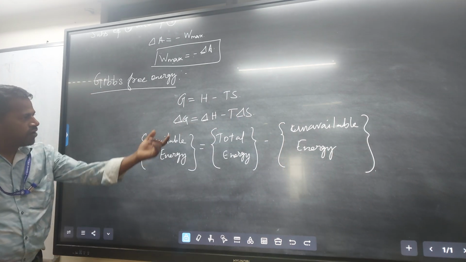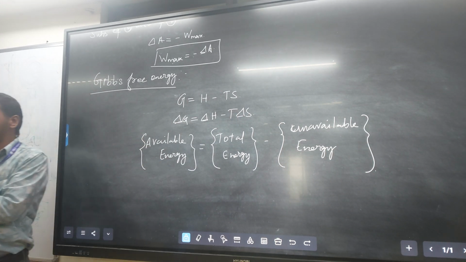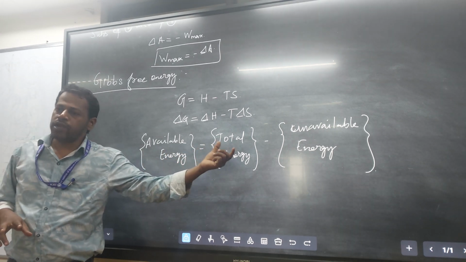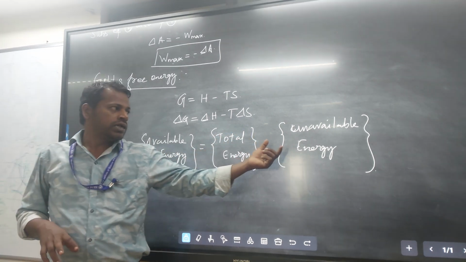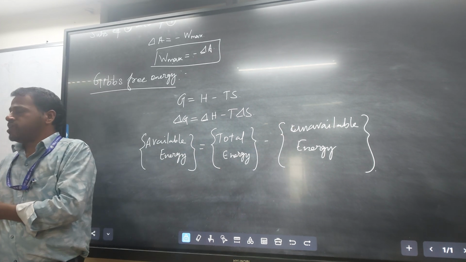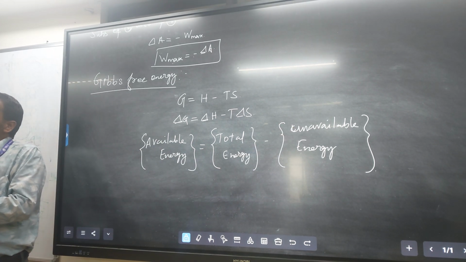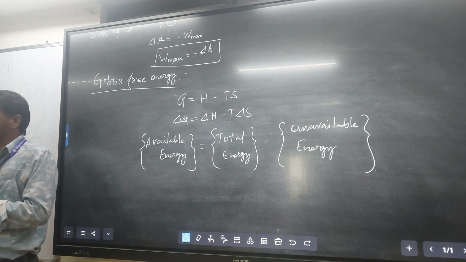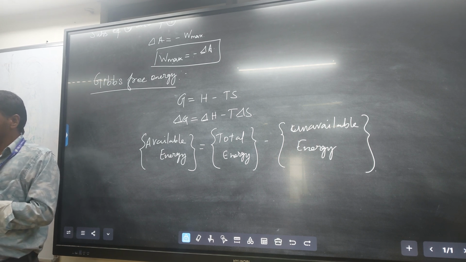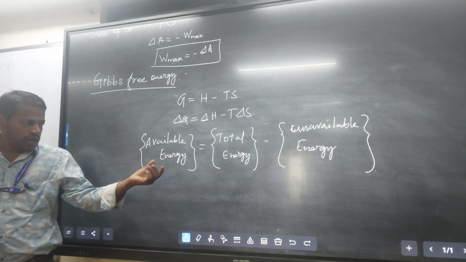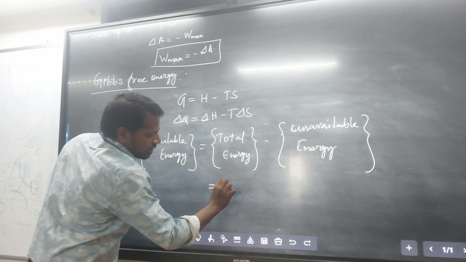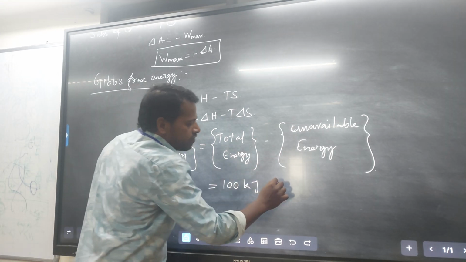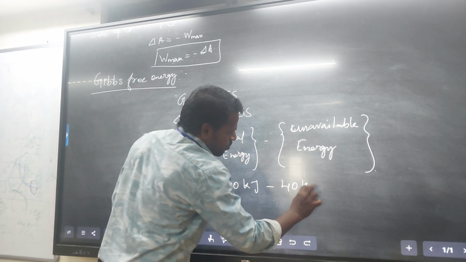Okay, so we have to calculate the rest of the energy. Available energy equals how much energy we supply to the system minus the unavailable energy, otherwise the energy used by the system. That we have to subtract. Let's say, for example, total energy 100 kilojoule per mole minus unavailable energy 40 kilojoule per mole.